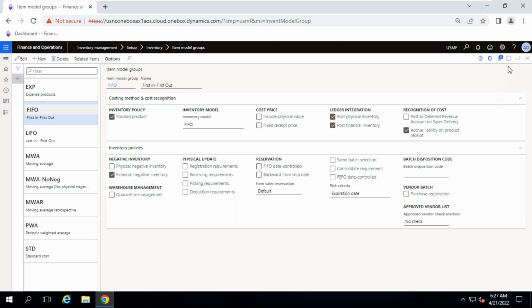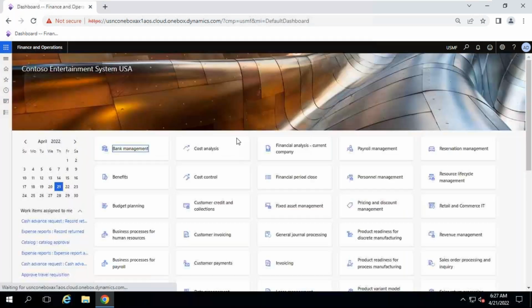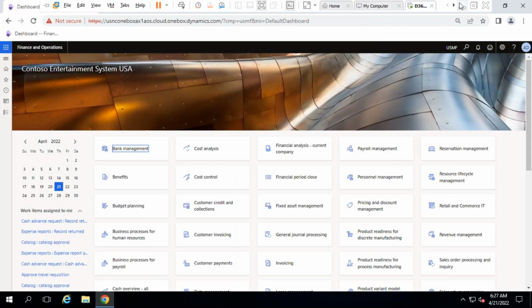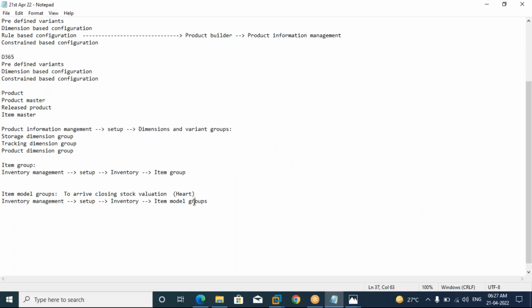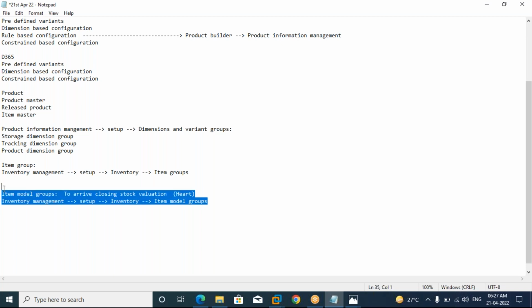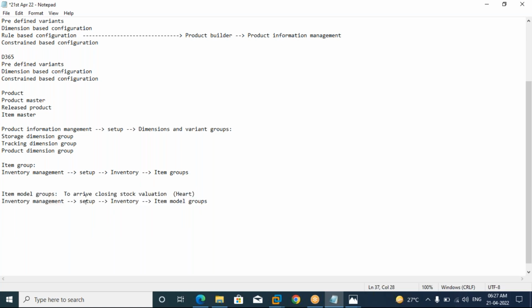There is a huge subject about this item model group, which you are going to learn in future. I will explain this to both the finance and T&L batches together in detail. So currently I'm parking this functionality about item model group.